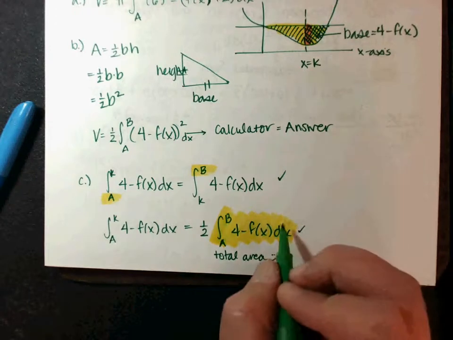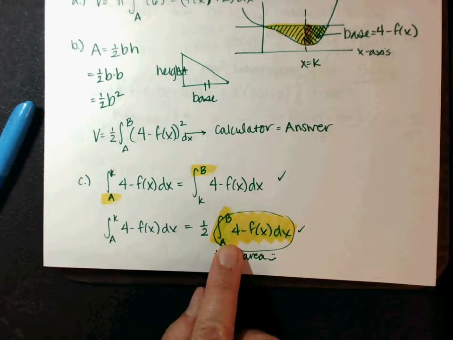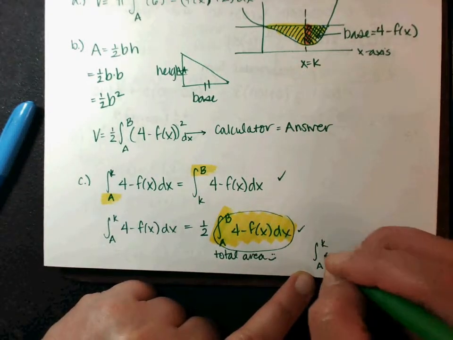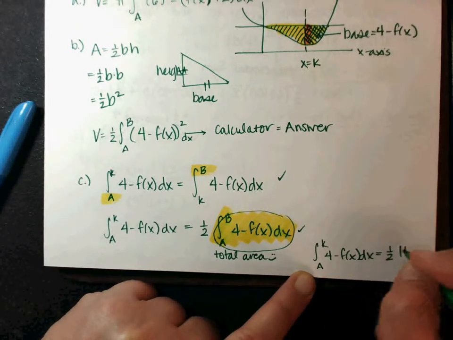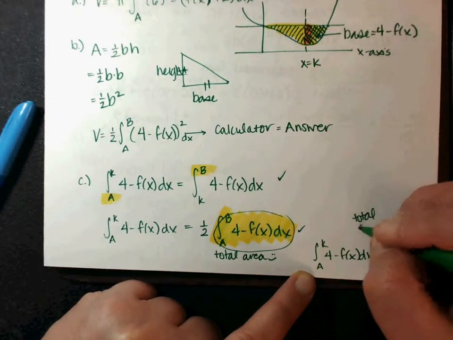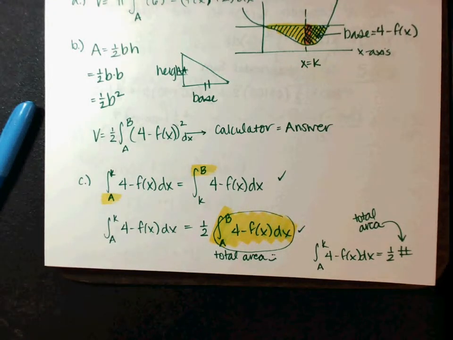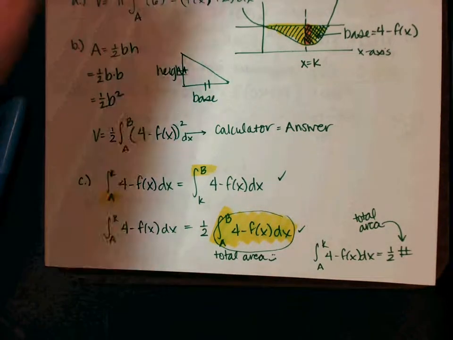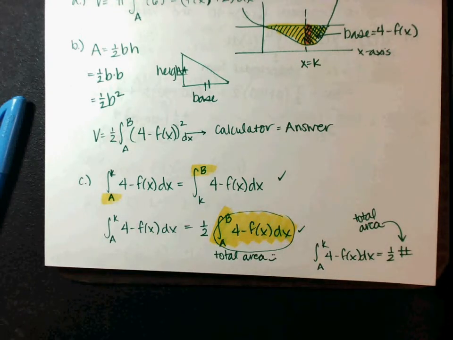So if you had actually calculated this area, then you would have just done half of whatever that number is. So your third option would have been that from a to k, 4 minus f of x dx should be equal to half of whatever that total area is. Now, a lot of times you would have already found that value, so you're just going back and looking at part A. But since you haven't found it yet, I might go with one of these two options just because it's less work. Okay, good job.